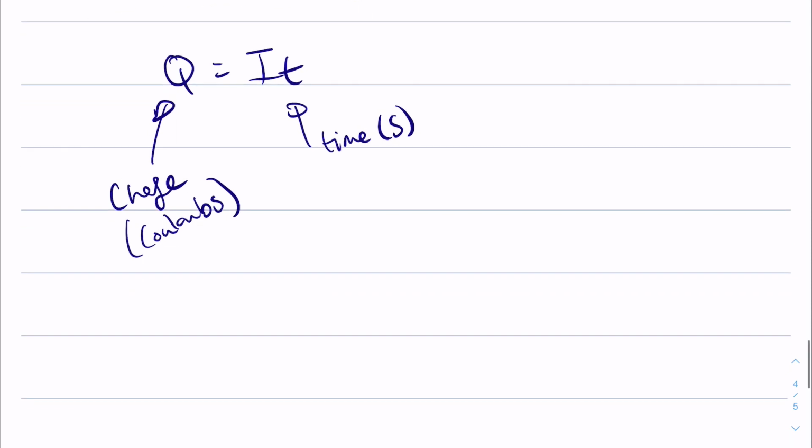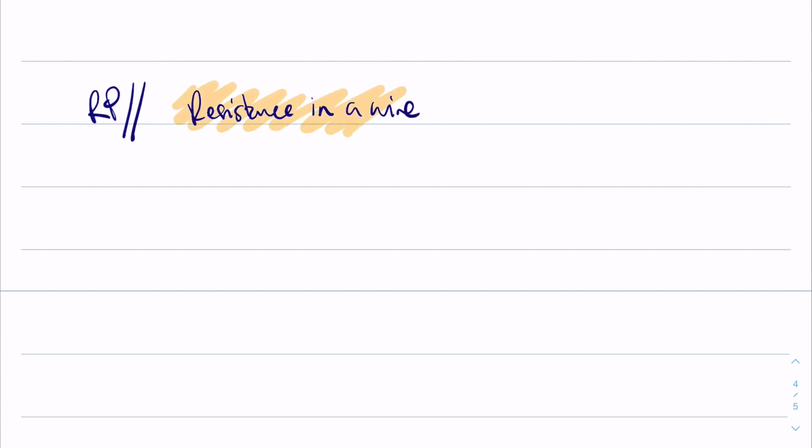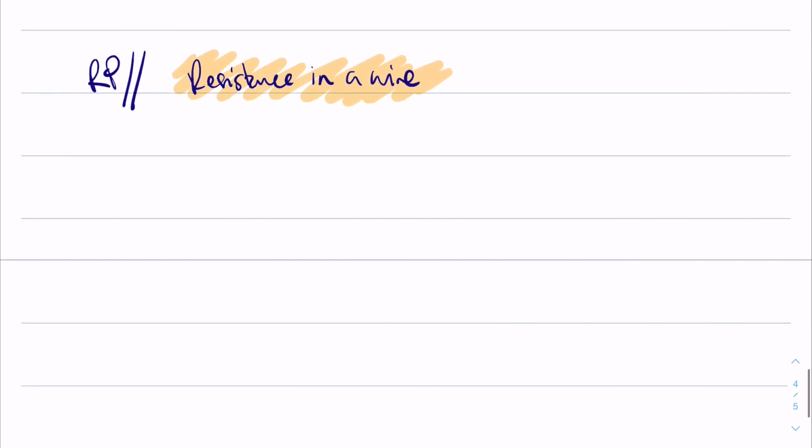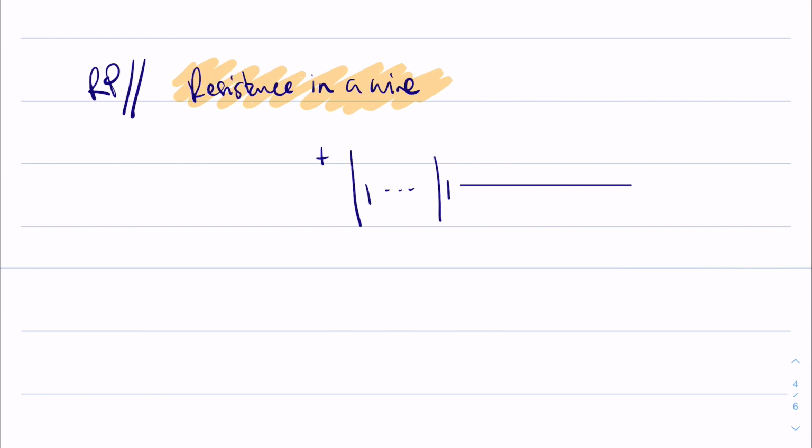So what I'm going to do is plot a little graph, and this is a required practical. This is the resistance in a wire practical. Let's draw a circuit. Let's have a battery, whatever voltage it is.